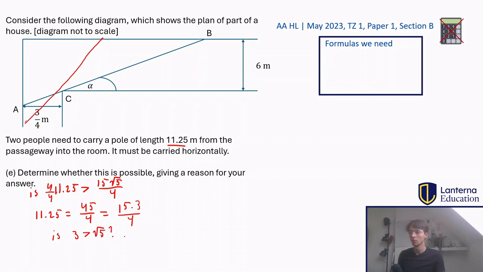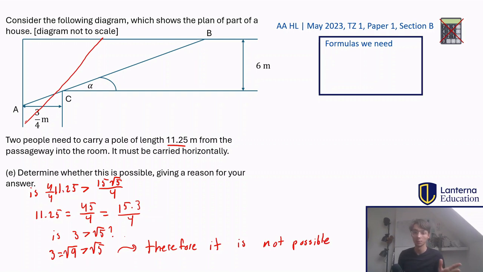Well, 3 is the square root of 9, and the square root of 9 obviously is bigger than root 5. So therefore it is not possible. Why is it not possible? Well, we just showed that 11.25 is bigger than this smallest line, the smallest possible line.